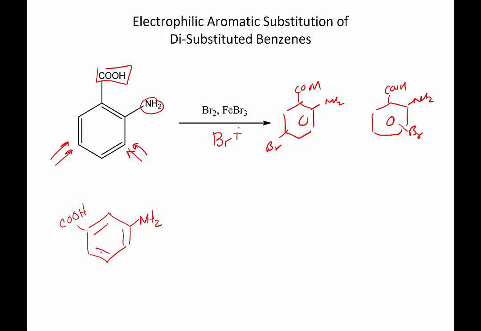Where's the nitrogen going to point? Ortho and para to itself, right? So the nitrogen's going to point here, here, and here. And where's the COOH group going to point? Meta. Which is there because there's already an NH2 at the other meta position.